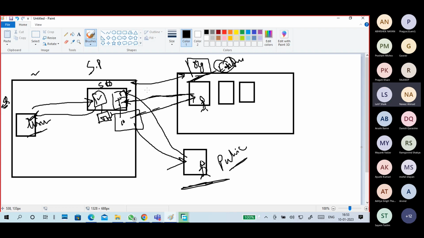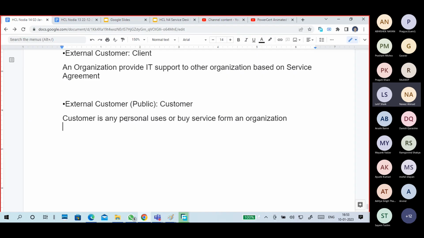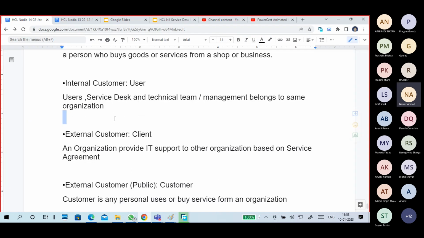You are working in AWS and you need some support from the AWS company based on your work. That is your internal customer. So these are the three types of customers, as per me.